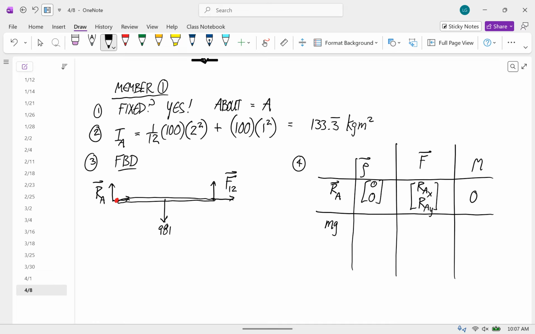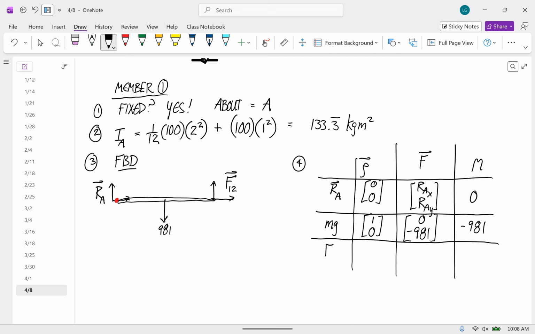Then the weight force, that row vector is, from the about point to where that force is applied, so that is 1, 0. The force is 0, negative 981. Cross product is negative 981.